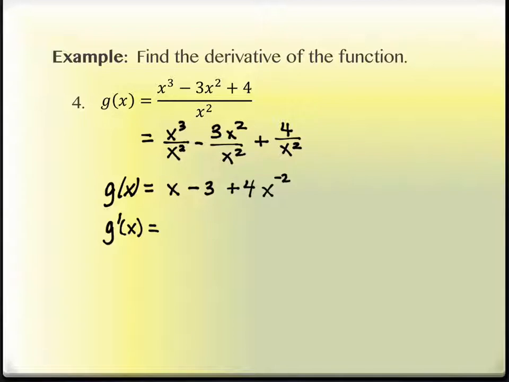What's the derivative of x? 1. How come, Jared? It's the same formula. You can think of it as x to the 1 being multiplied, so if you want, you can pull the 1 down in front. X to the 0 is 1, and it goes away. Is there another way to think of it?